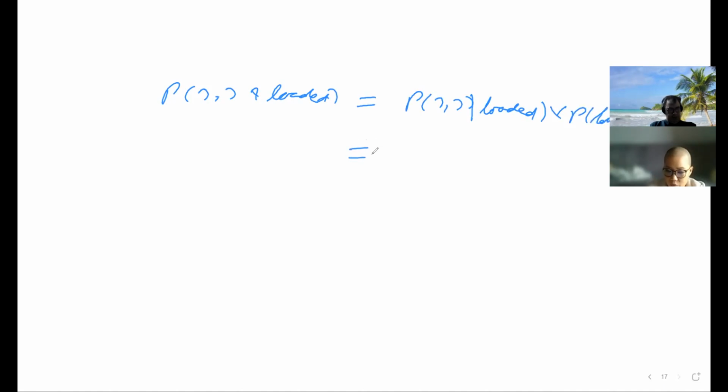So P is 3, 3 and loaded, so it will become P(3,3 given loaded), and then multiply by P(loaded). So then to find P(3,3 and loaded).